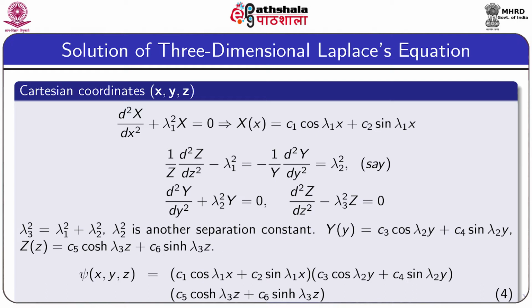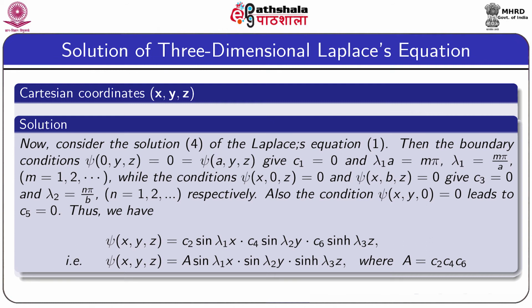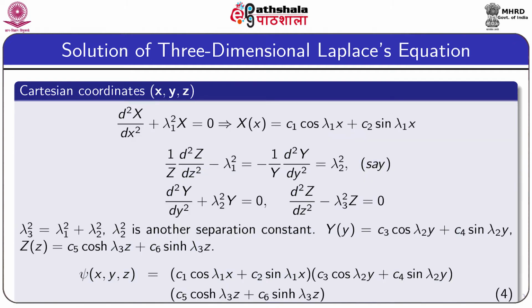So, psi at y equals 0 implies C3 equals 0. In a similar way, if we apply the boundary condition psi at y equals b, it will give sine lambda 2 b equals 0. With a similar argument, C4 cannot be 0, otherwise it will give a trivial solution.